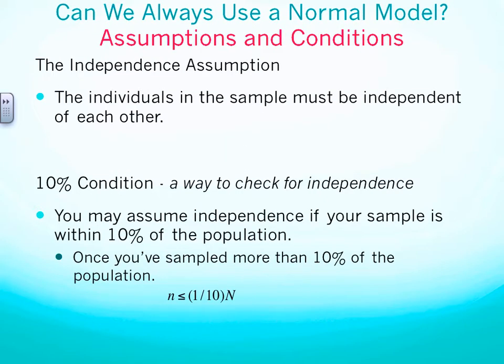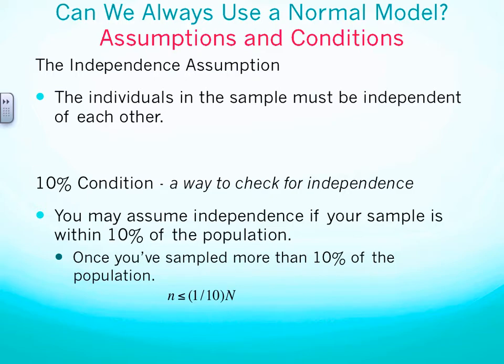The next thing that we need to check is for independence. The independence assumption is going to tell us that the individuals in the sample must be independent of each other. Sometimes it will just tell you that they are independent, but more than likely we will have to check for independence, and we will do that with the 10% condition. So you may assume independence if your sample is within 10% of the population. We did this while we were in binomial and geometric probabilities.